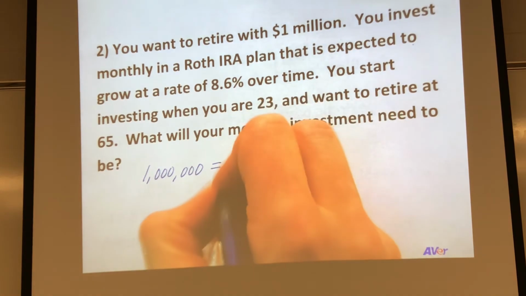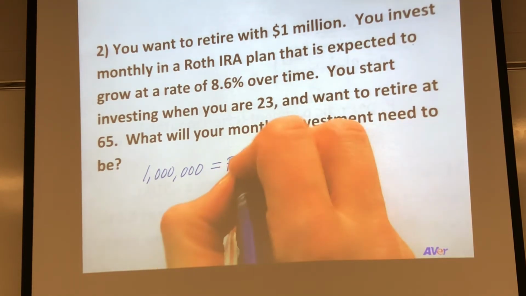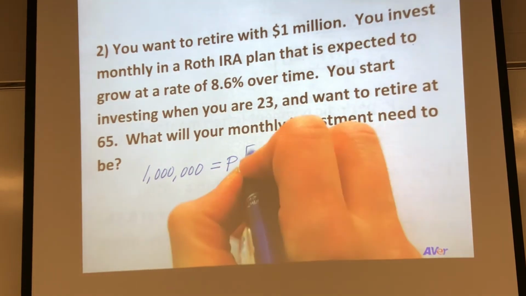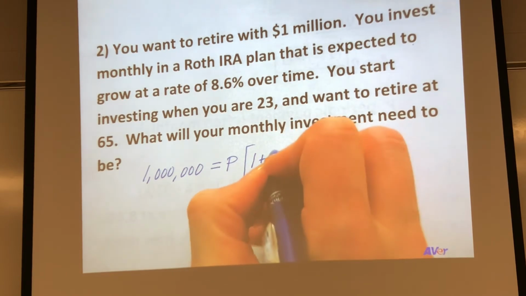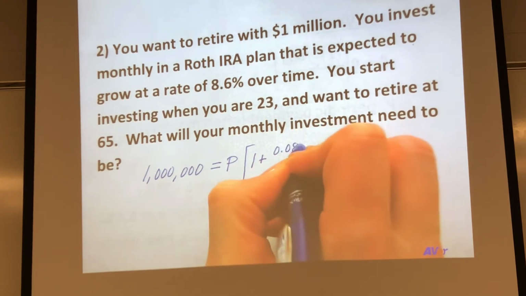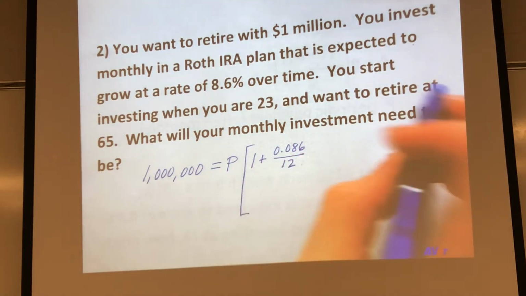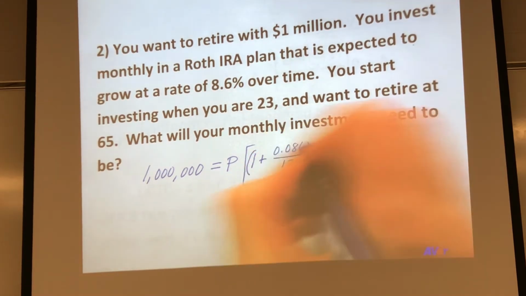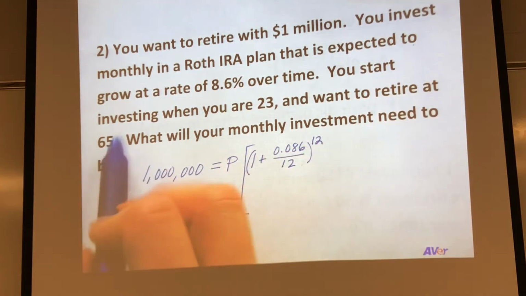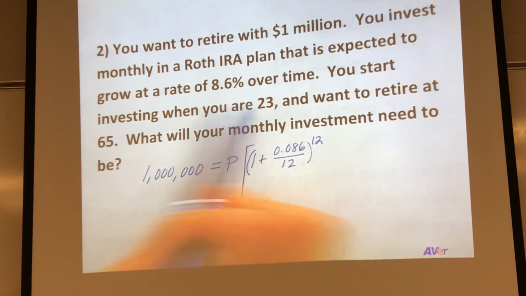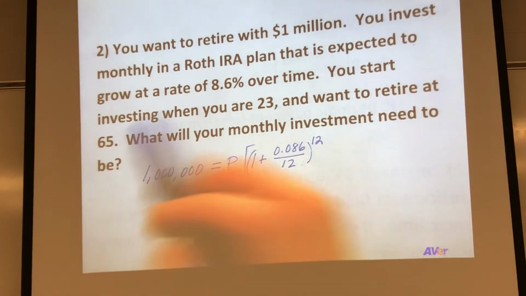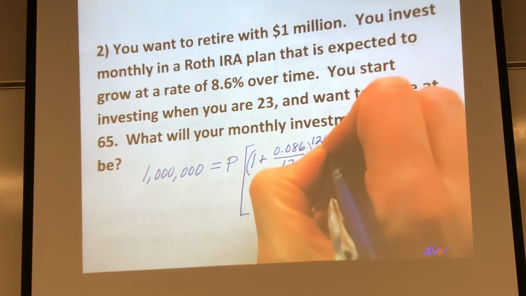What we don't know is what we're going to put in each month, so we don't know our P value. But we do know our rate, 0.086. We know we're going to be putting money in every month. And we know that if we're starting at 23 and retiring at 65, we're going to be working for 42 years.